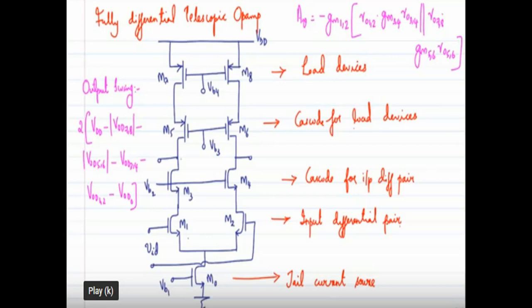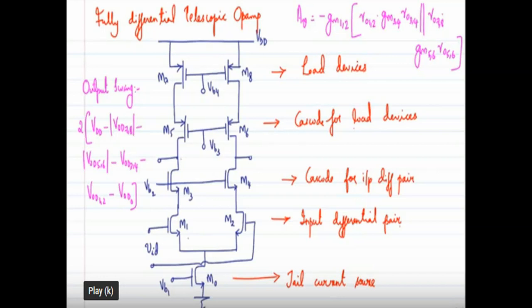Okay. So the total output impedance is RO12, gm34 RO34 parallel RO78, gm56 into RO56.